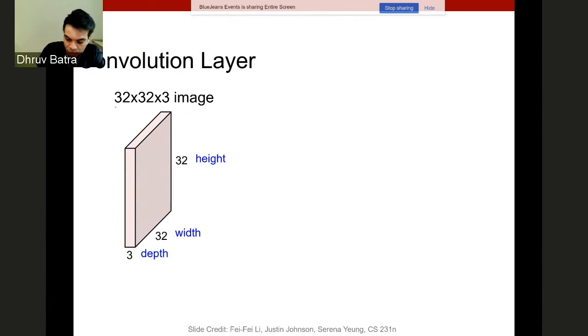We are going to write down a 32 by 32 by 3 image, which is the CIFAR type images that you're going to be working with, in this sort of a representation. So this is width, this is height, and this is the number of channels, which is R, G, and B as input.